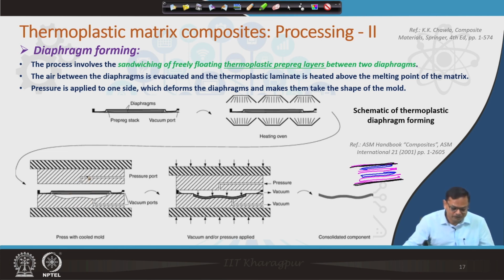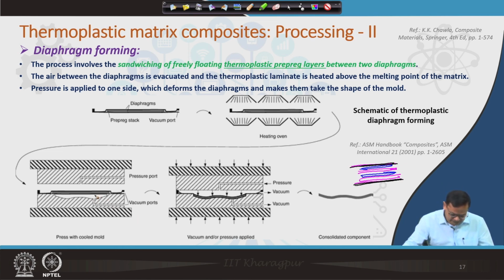Now, in the mold you can see there are two ports for application of pressure. The mold is basically this wavy shape, okay. And then we have these two ports, one of which applies pressure. Because of the application of pressure, this diaphragm deforms and sticks into the mold. At the same time, whatever air is remaining inside the mold gets vacuumed out.